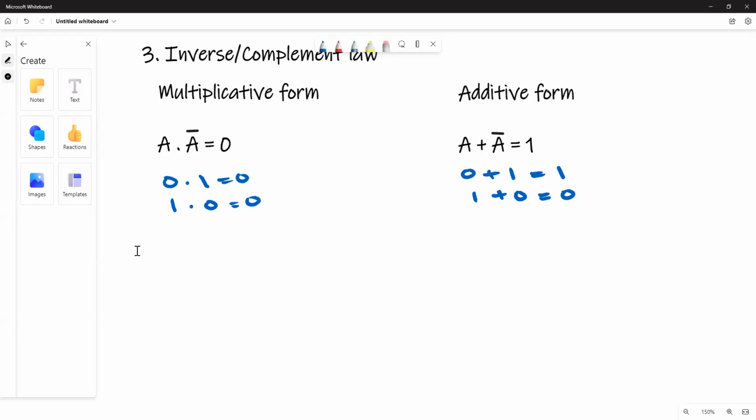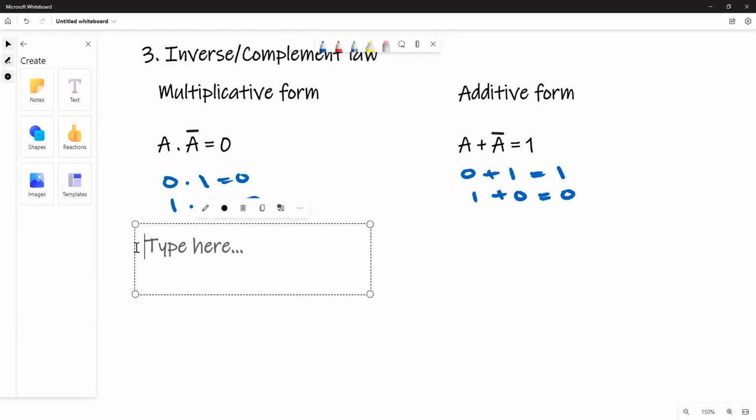So let's write down the fourth law, a very important one. This is called De Morgan's law.